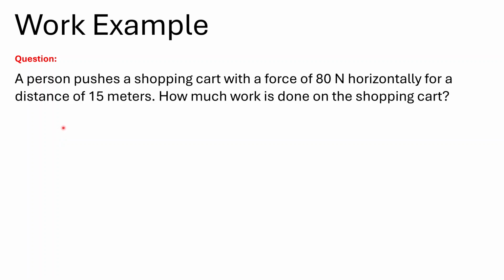Next question is, a person pushes a shopping cart with a force of 80 newtons horizontally for a distance of 15 meters. How much work is done on the shopping cart? Okay, the formula is W equals FD cosine theta.